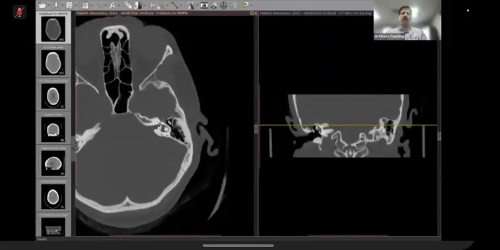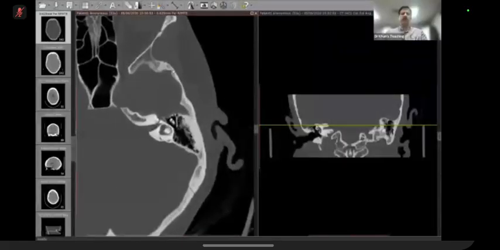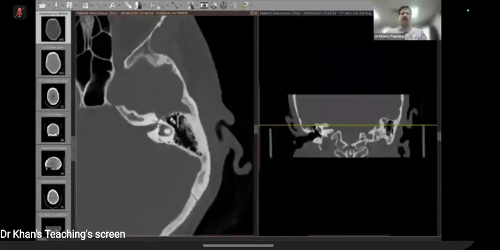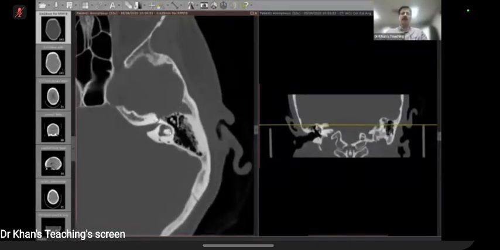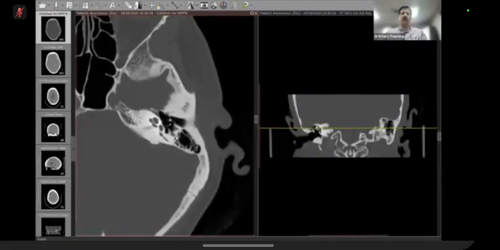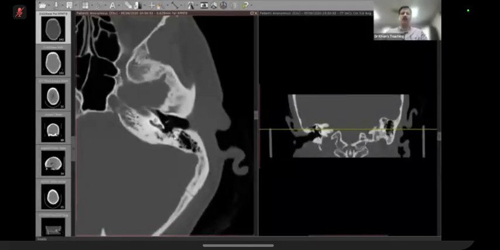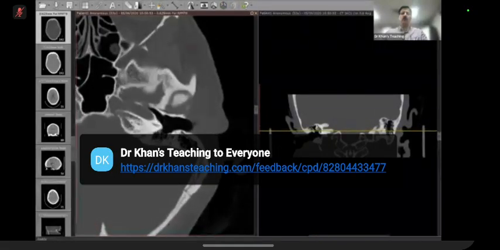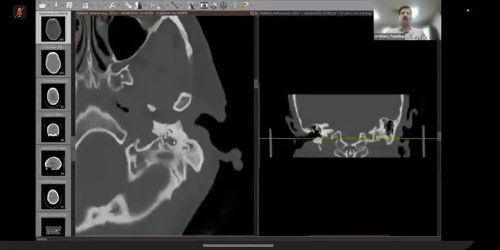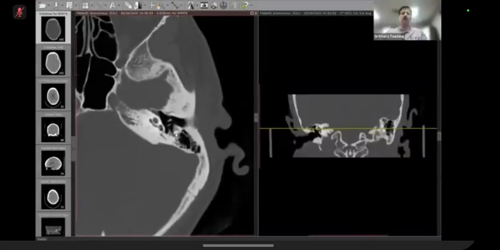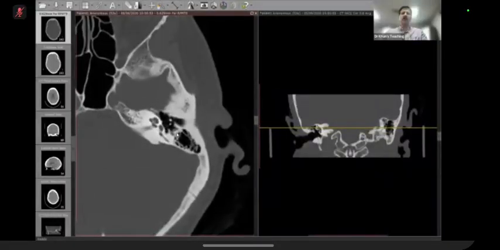And as I'm going superiorly, let me make it bigger. This is the labyrinthine portion of the facial nerve. It goes anteriorly and then it descends posteriorly. And so this is the lateral semicircular canal. It is going posteriorly and now it is going to descend down. So we are at the posterior wall. And ultimately it will go out. So we trace it backwards.